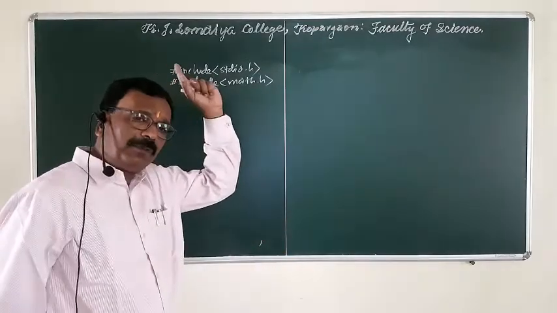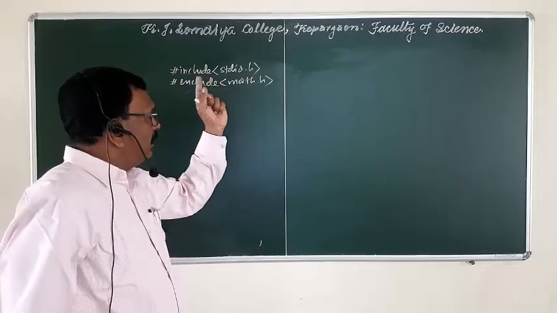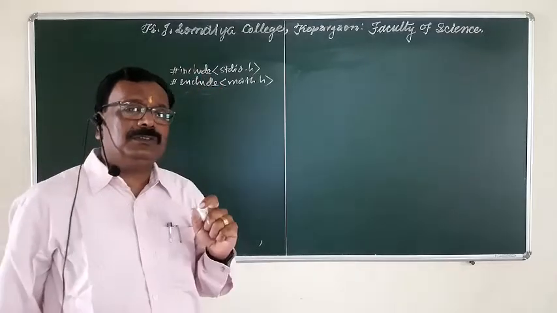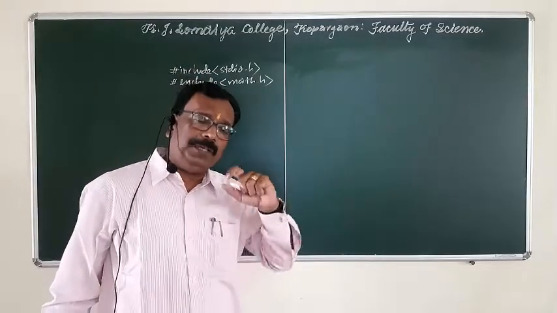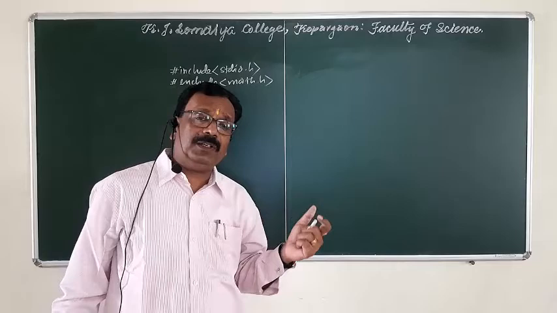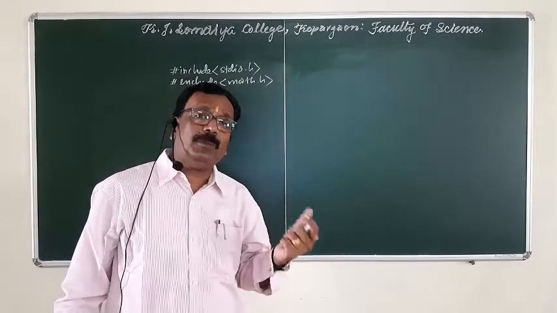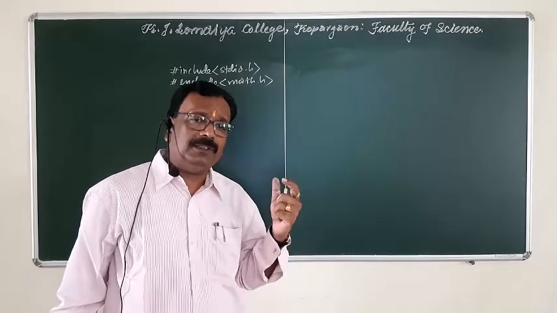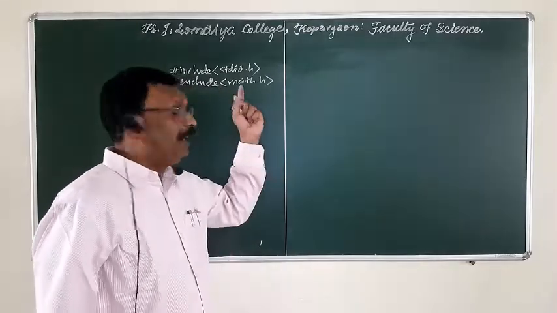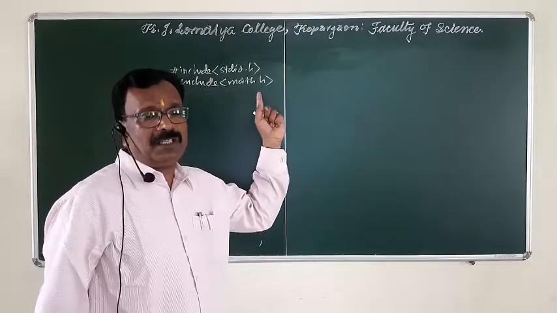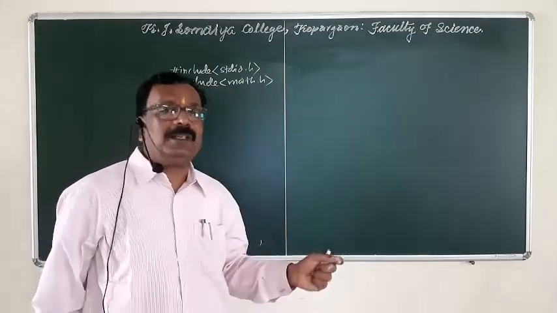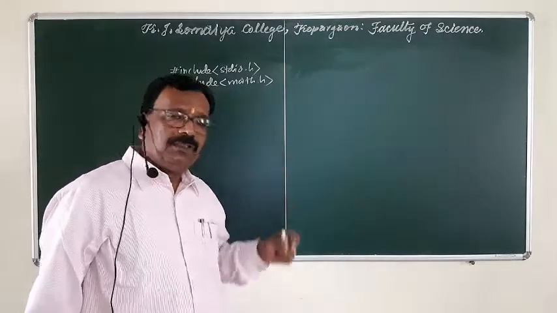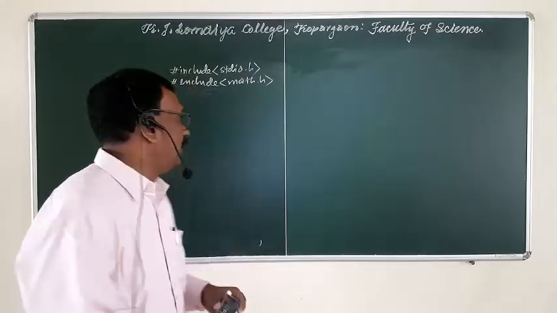This file is always in the C library. When we prepare a program for square root or trigonometrical functions, at that time we must bring this math.h header file from the C library and put it in the current path.